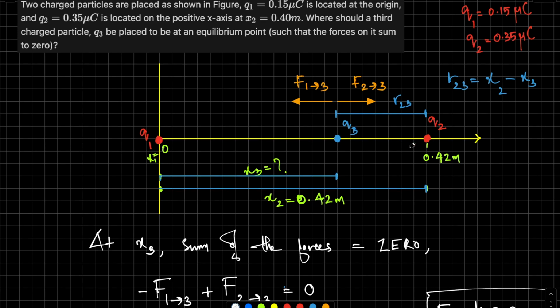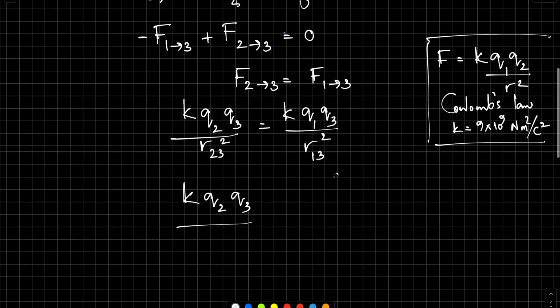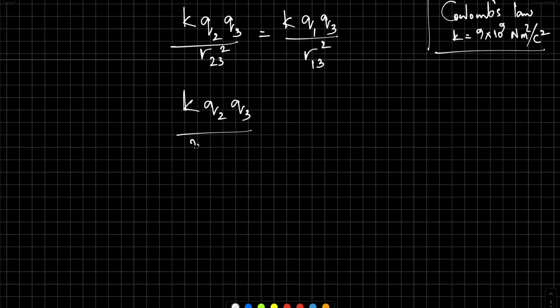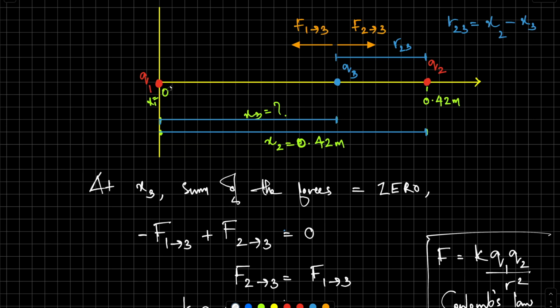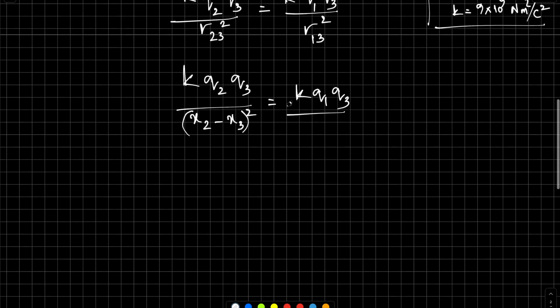Again R2, 3 is the total distance x2 minus this distance x3. So x2 minus x3 the whole squared is equal to K Q1 Q3 over, what's the distance between 1 and 3? Distance between charge 1 and charge 3 is x3. x3 squared.